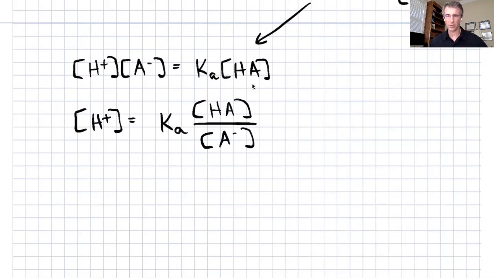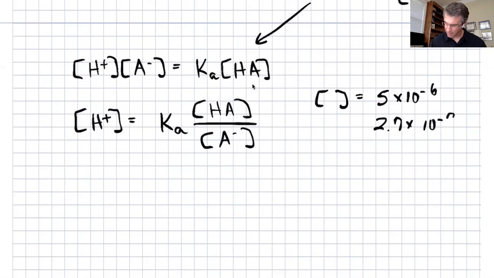These concentration numbers, as I just pointed out when we looked at the ion product, under these idealized conditions or ideal conditions where we typically want to work, most biochemists and many chemists don't want to work in multimolar concentrations of stuff. So under concentrations where we approach ideal solution conditions, our concentration numbers are things like, I don't know, 5 times 10 to the minus 6, or 2.7 times 10 to the minus 7, right?